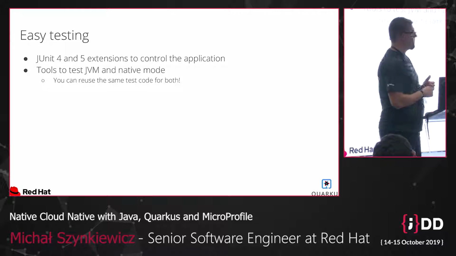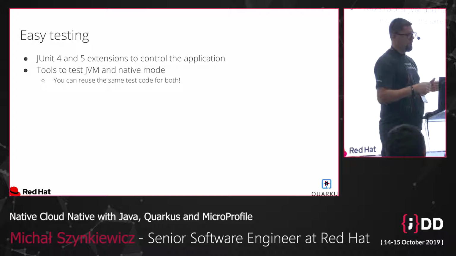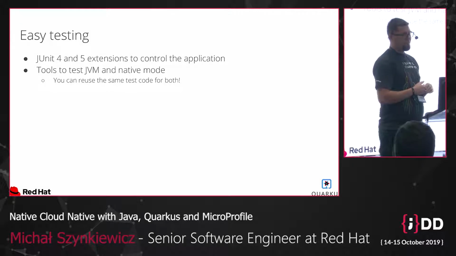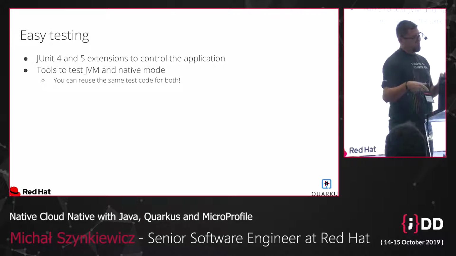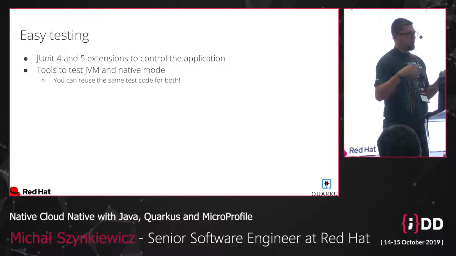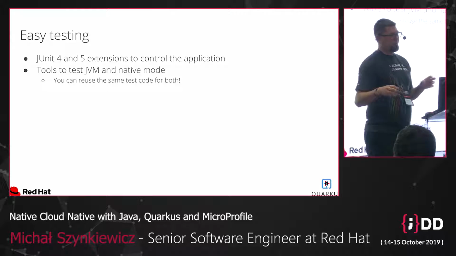Quarkus also comes with helpers for testing. There's a JUnit 4 and JUnit 5 extension, and there are also tools to test your application in the native execution of your application. So if you annotate your test with a specific annotation, it will be run against a natively built binary.